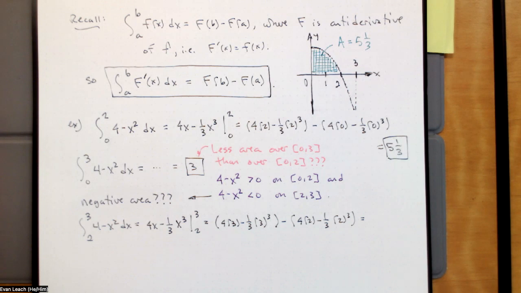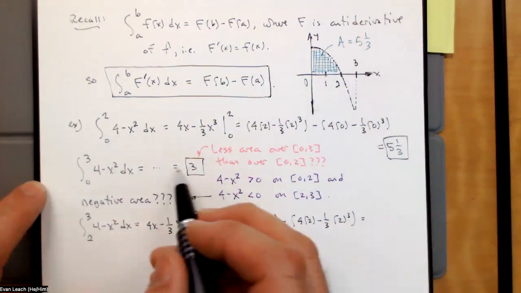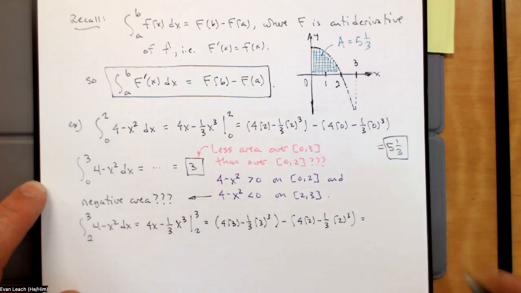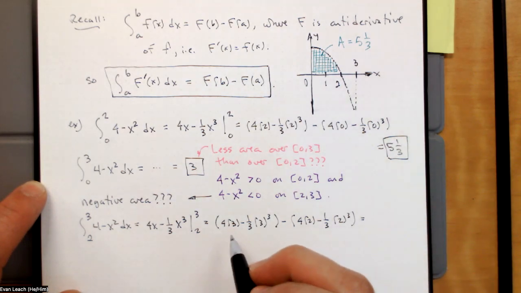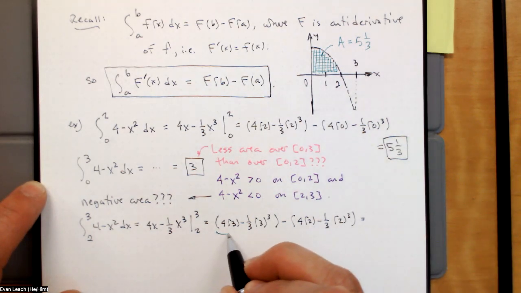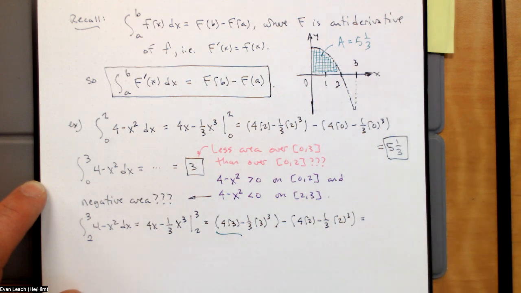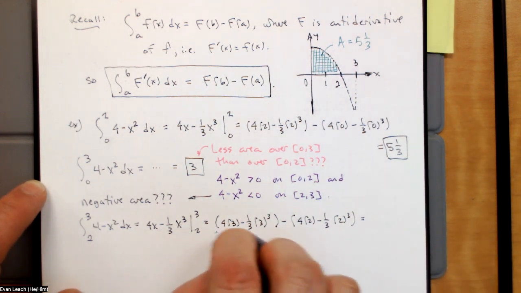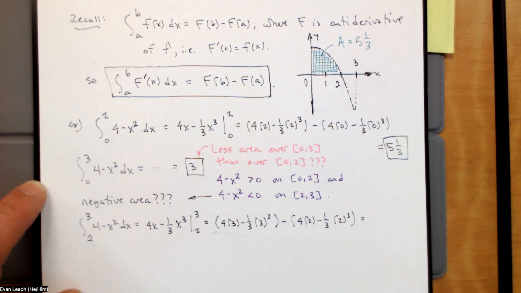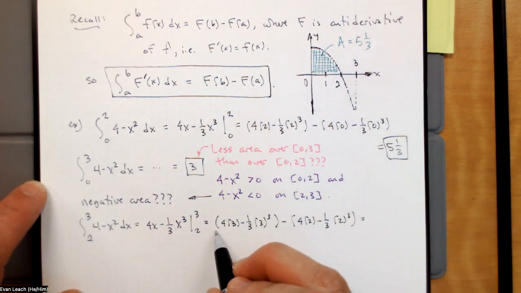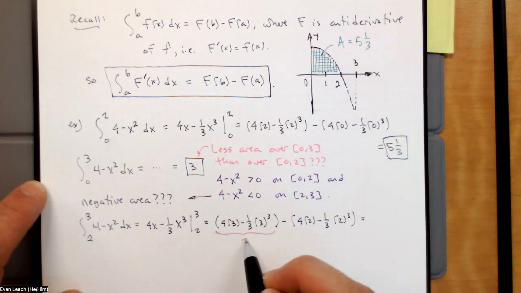Based on the numbers that we had calculated before, that I failed to write down from yesterday, we have to do it over again. This is 12 minus, let's see, 27 divided by 3. 12 minus 9, that's 3. So here we get 3.